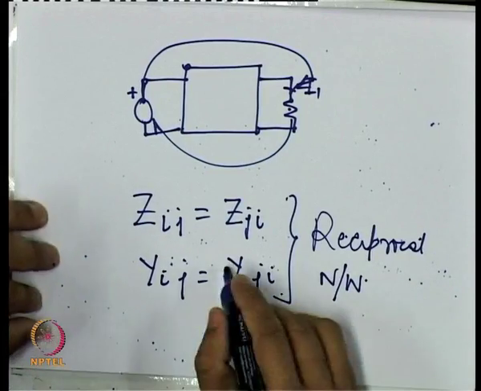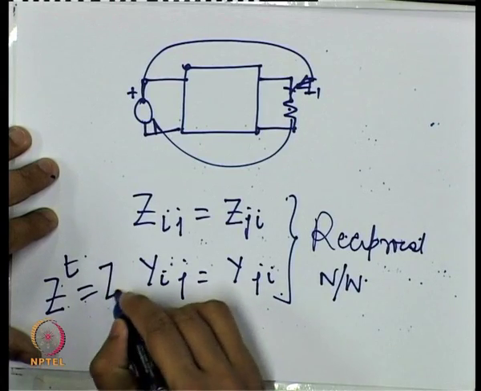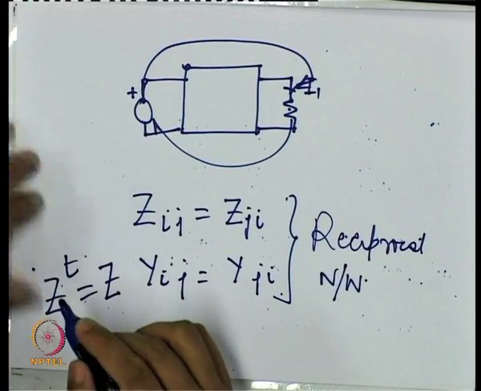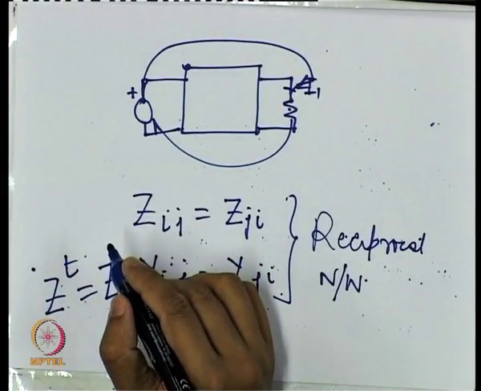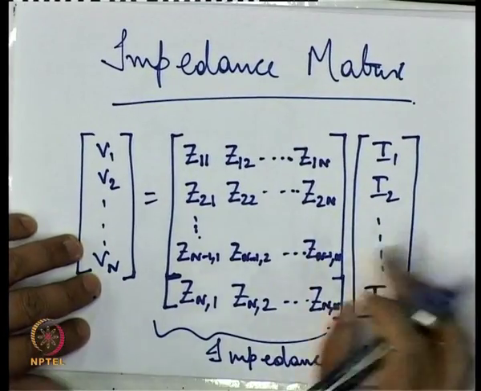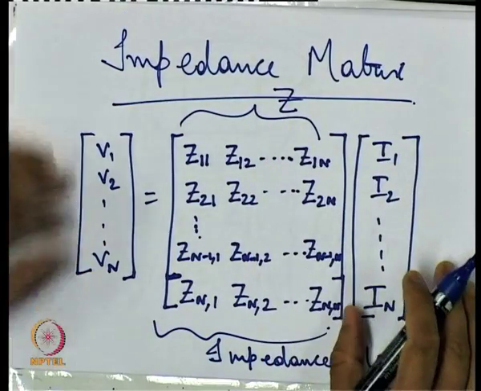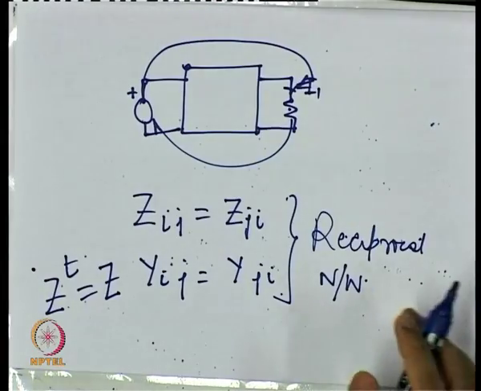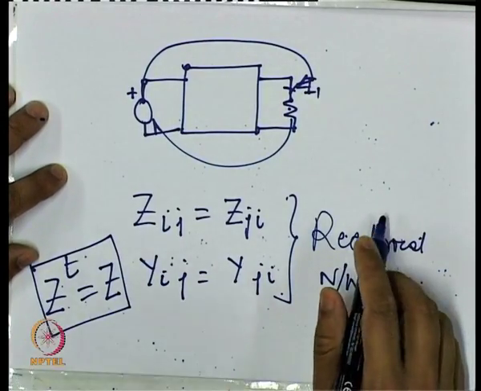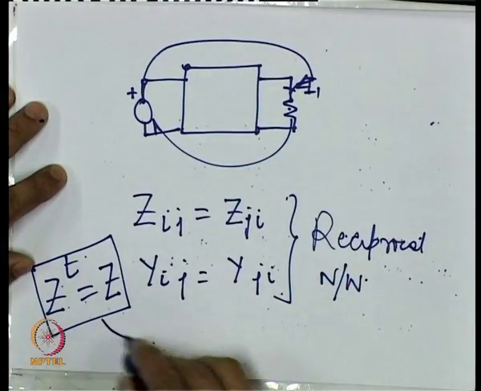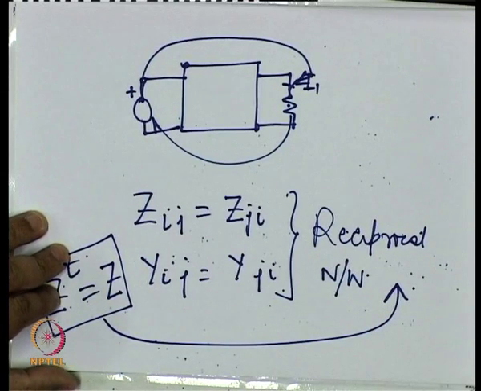I can also write it in a different way: if my matrix, either admittance or impedance, suppose this Z matrix represented by the capital Z symbol, satisfies the condition that the transpose of Z is equal to Z, then again that implies that the network is reciprocal.